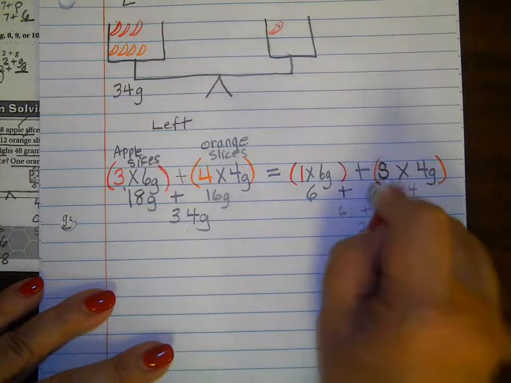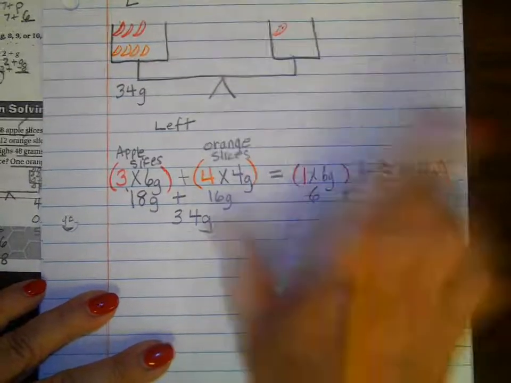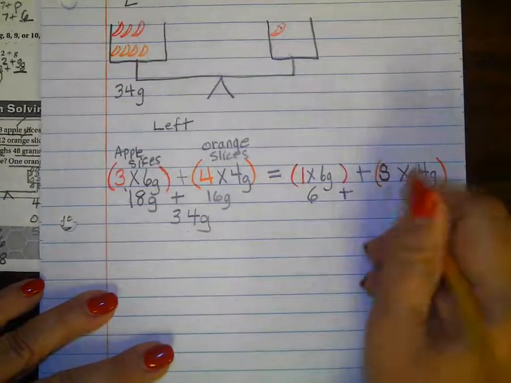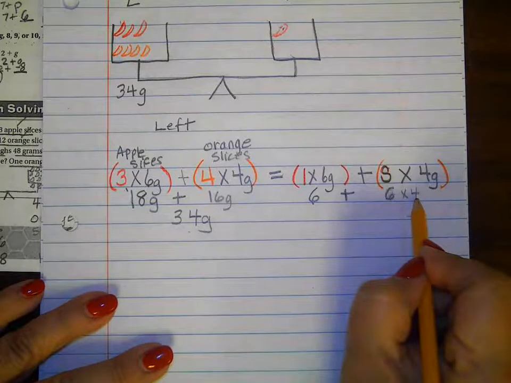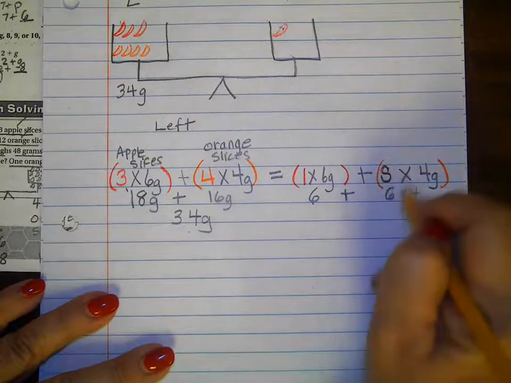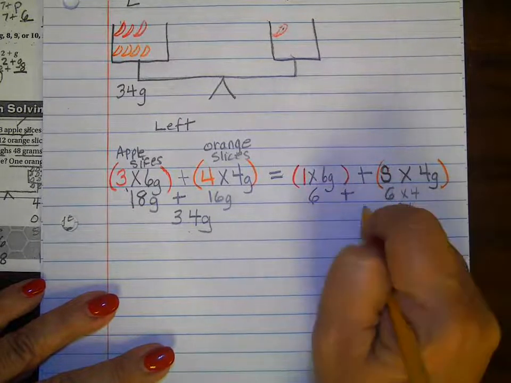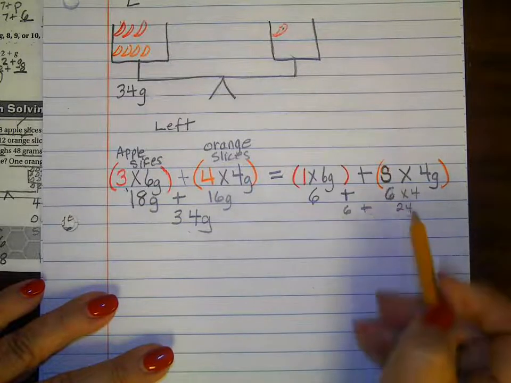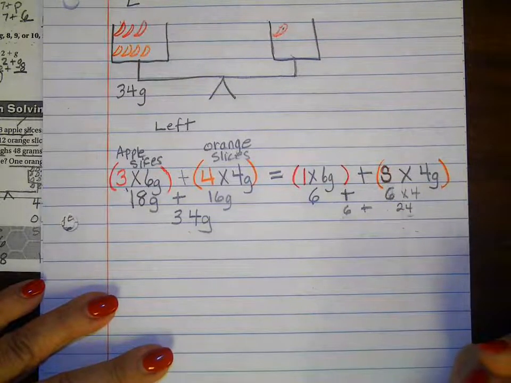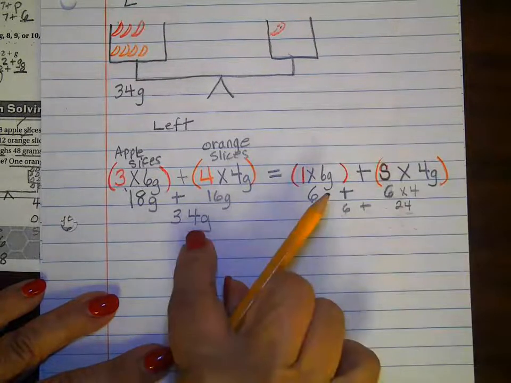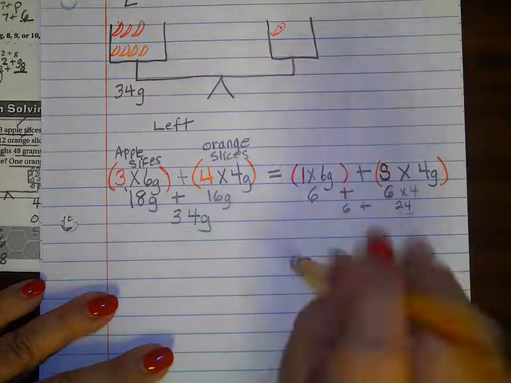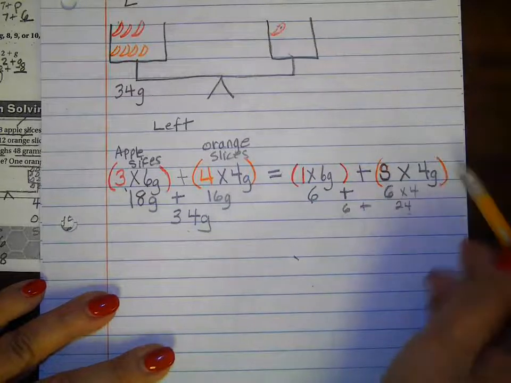So I know that 5, I can add another orange slice. So let's do 6 orange slices times 4 grams each. That's 24. 24 plus 6, oh, that's 32. I mean, that's 30, not 32, but 30. But I need 34. So that doesn't work.